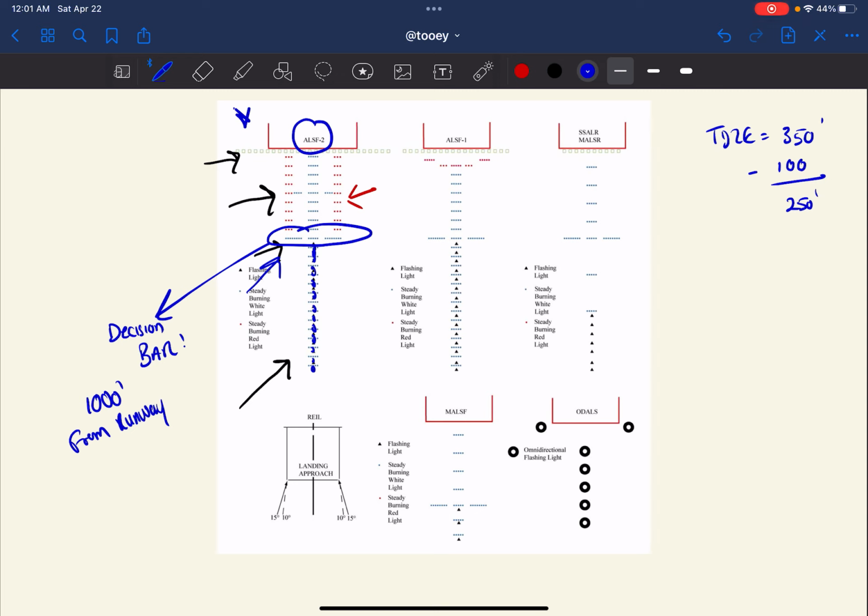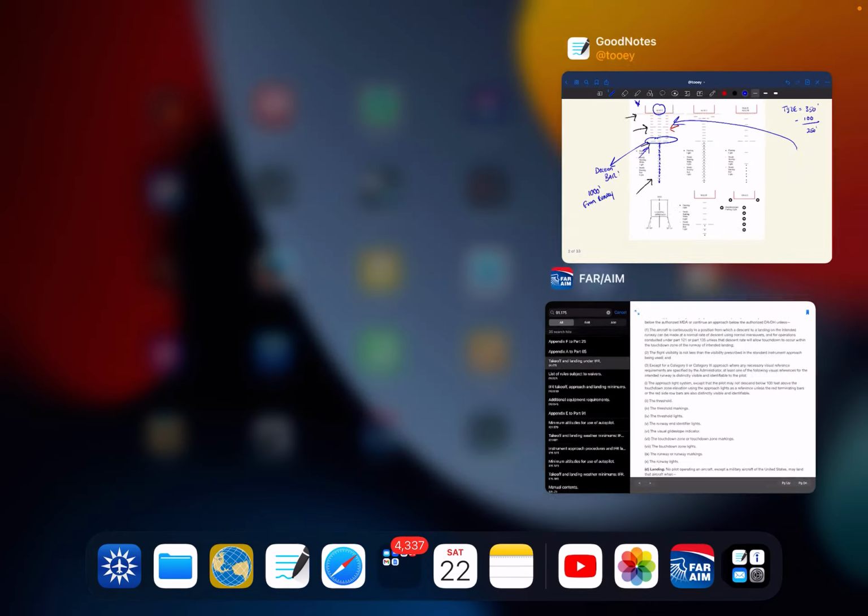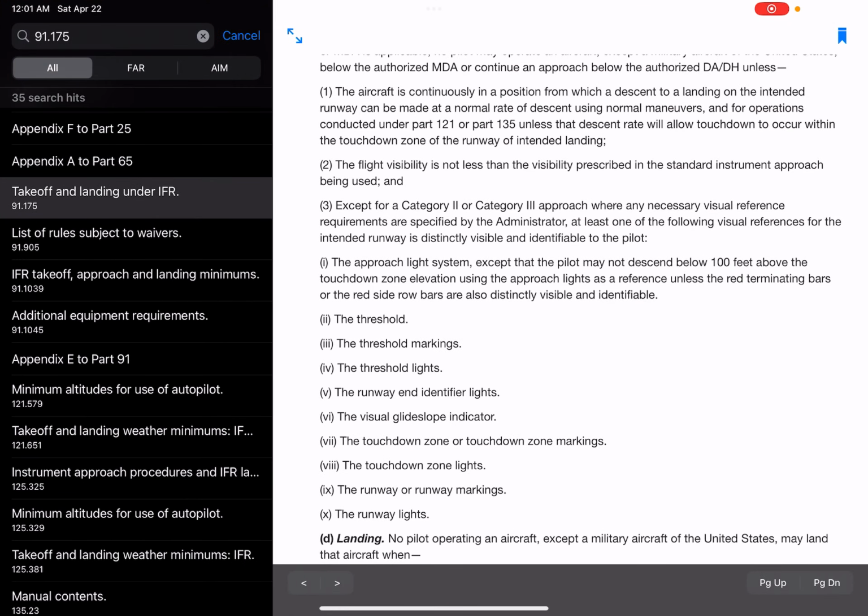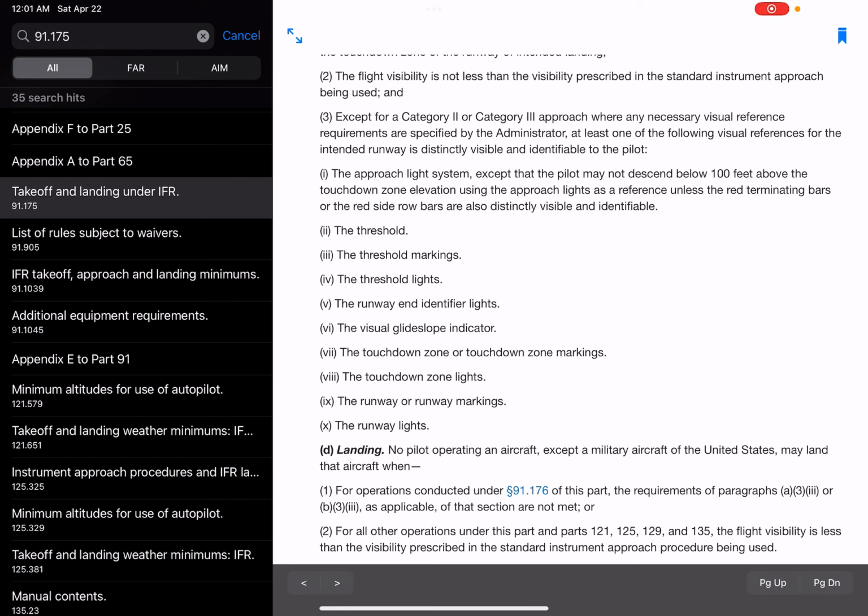But you cannot descend below that unless you have the threshold in sight: the threshold markings, threshold lights, or the runway end identifier lights. Notice it says runway end identifier lights, which is a REIL and not the rail.